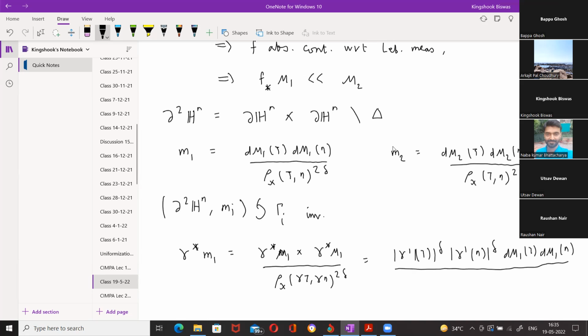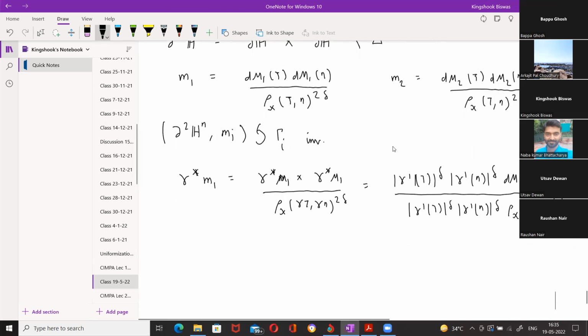Okay. And over here below this thing, by the geometric mean value theorem, I'll get mod gamma prime xi to the delta, mod gamma prime eta to the delta, rho x of xi eta to the power 2 delta. Okay, so the equality below is from the geometric mean value theorem.